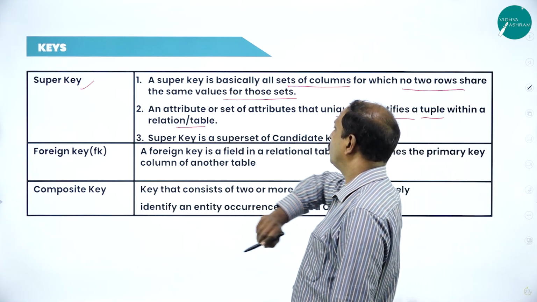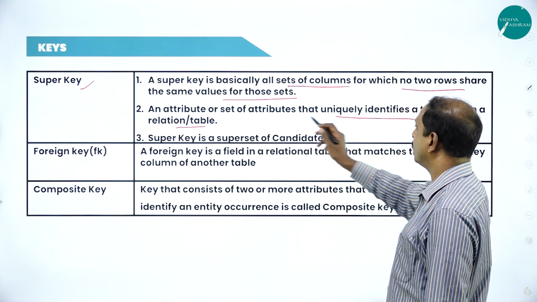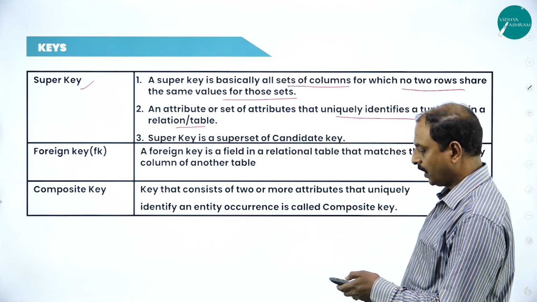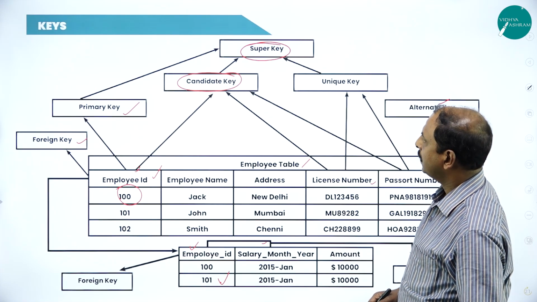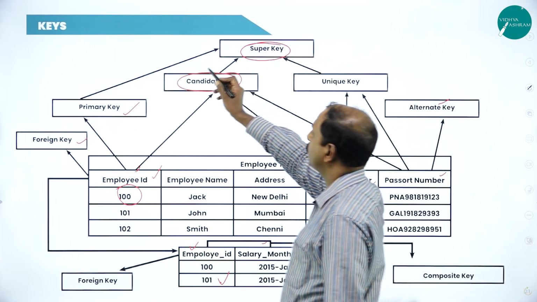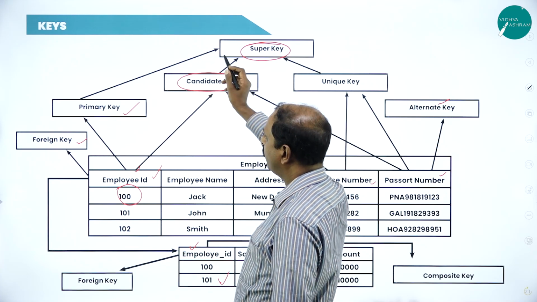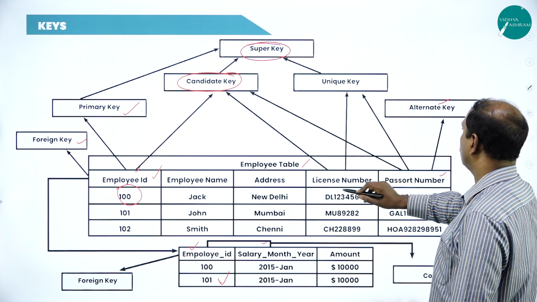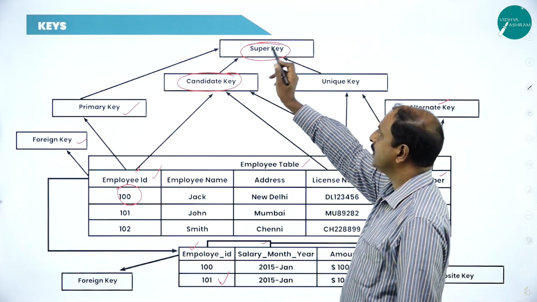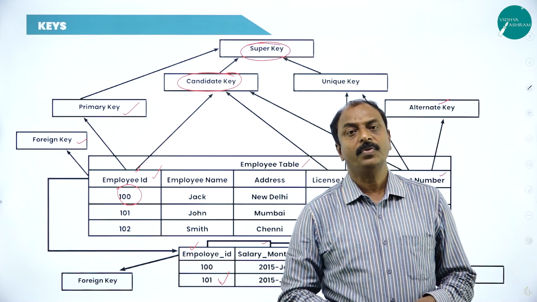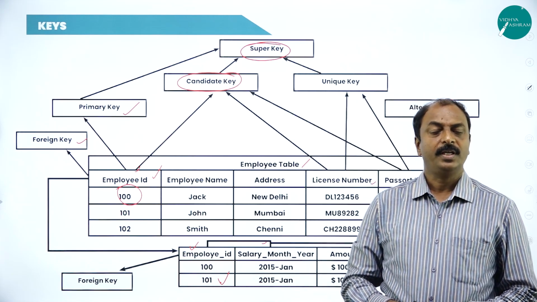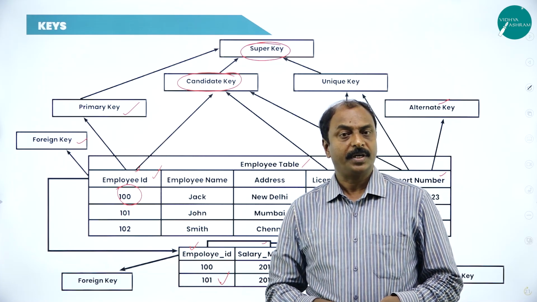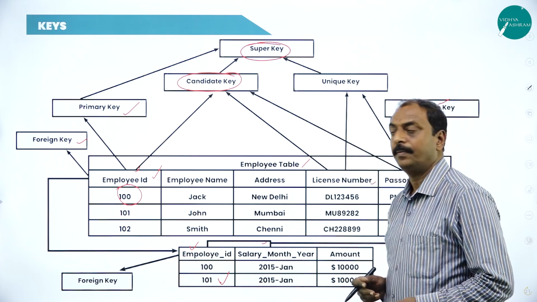So this super key is going to identify the records with unique columns or unique attributes. Now look at this example. Here this super key is a combination of primary key and unique keys. These two are unique, so it is called a super key. It is a group of keys or columns where each record is uniquely identified. So this is super key.